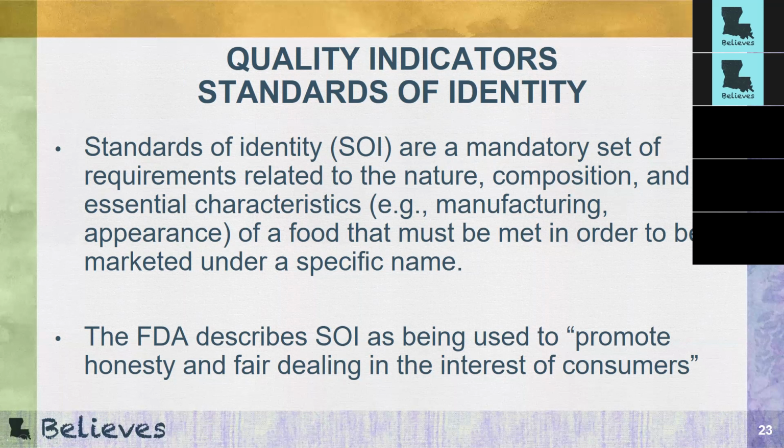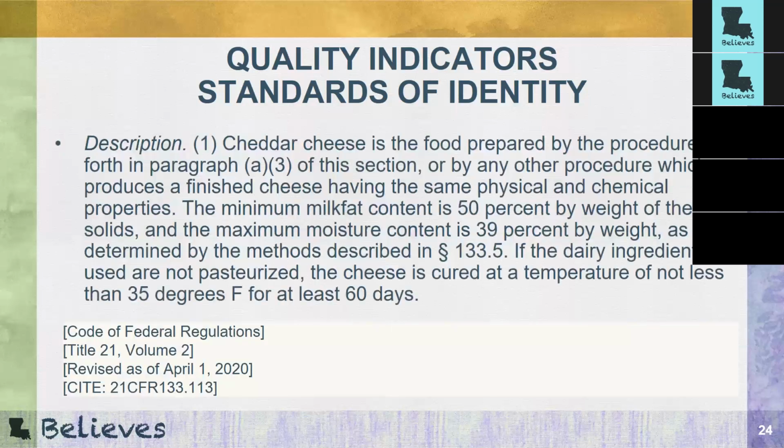Yogurt is an example of a food with a standard identity. The FDA describes standard of identity as being used to promote honesty and fair dealing in the interest of consumers.